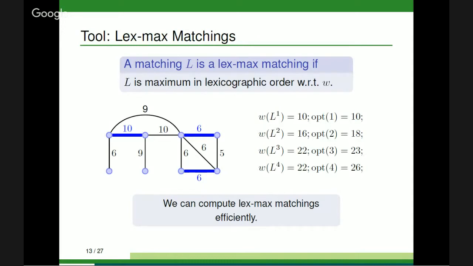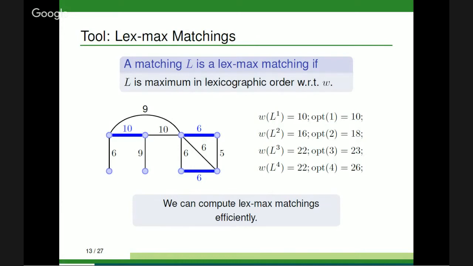So in other words, this matching that you have has the maximum number of edges possible of the largest weight available, so in this case 10, so it has to have one edge of weight 10. And then given that it has one edge of weight 10, it has to select the maximum number of edges of the next available weight as possible. So here it cannot select 9.